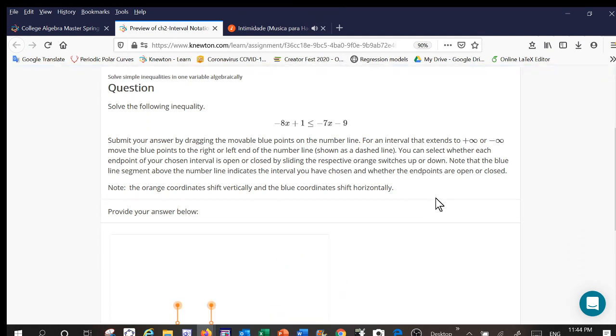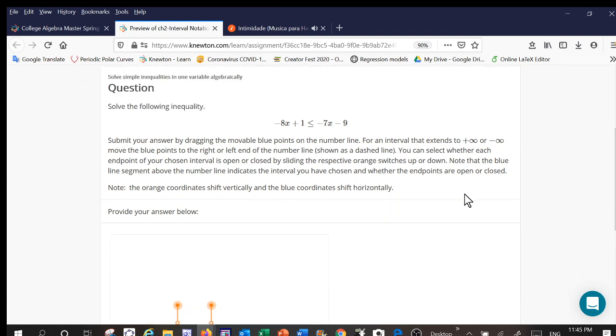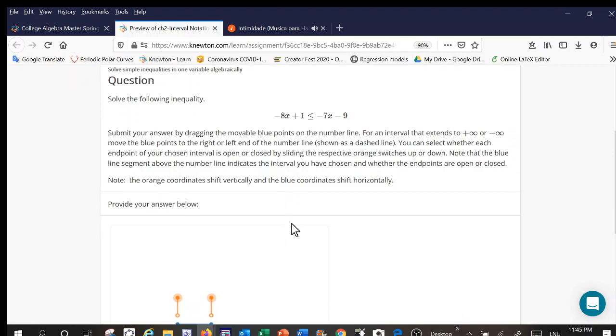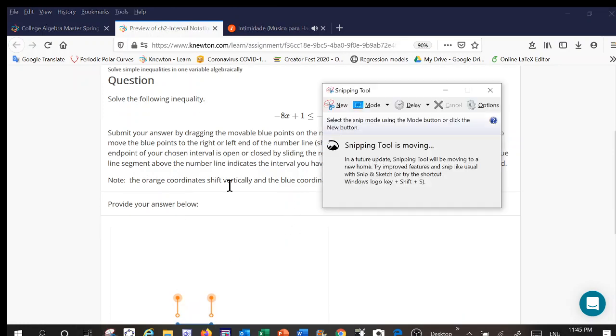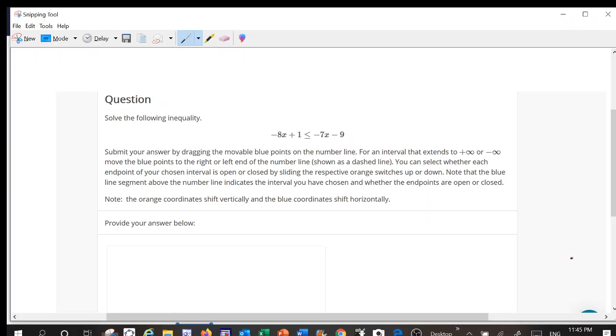So it says solve the following inequality. Well, solutions to inequalities have to be given in interval notation. So this inequality, let's work on it quickly and then enter it.